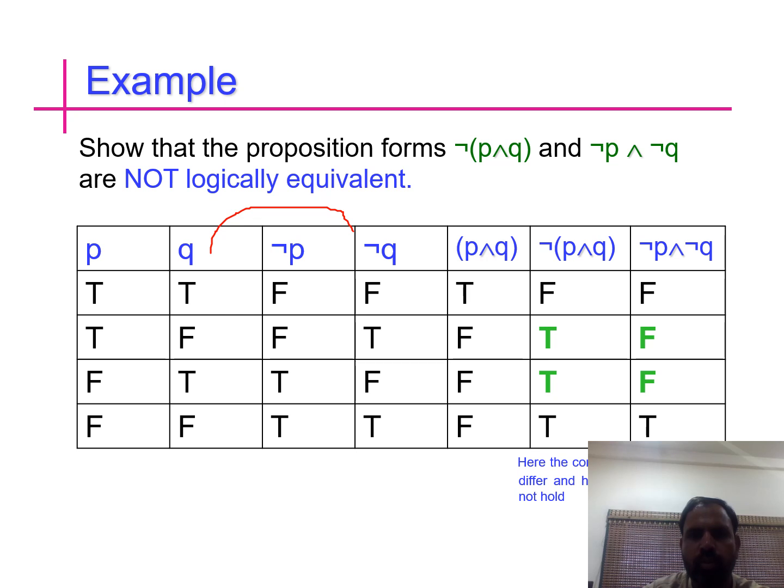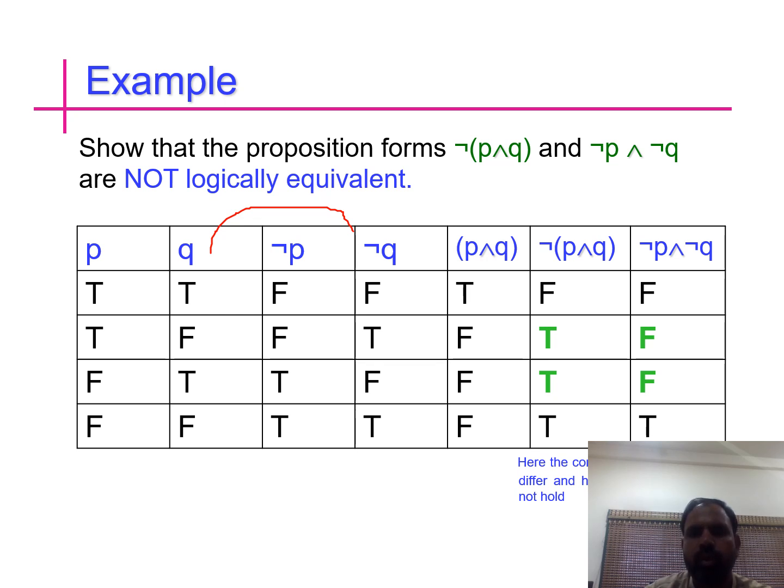P and Q has the values true, false, false, false, because only in this row both are true, so this value will be true, otherwise these are false. We discussed this in the previous lecture. Negation of (P and Q) is the negation of this column, so this true will become false, this false will become true, true and true.